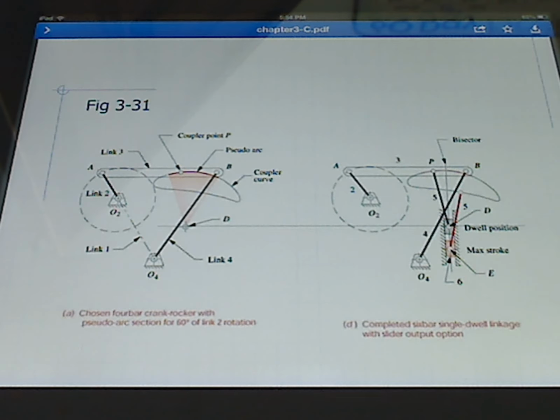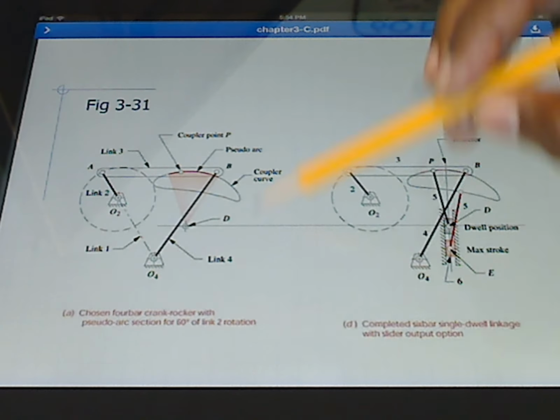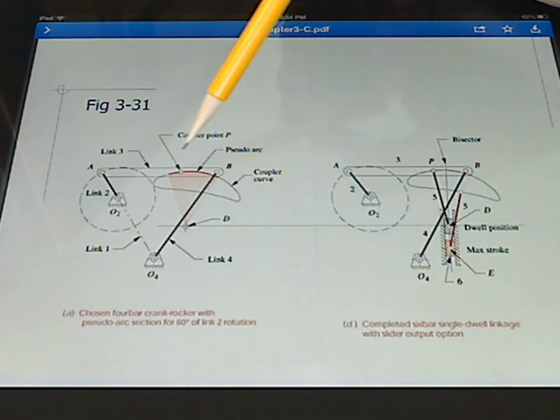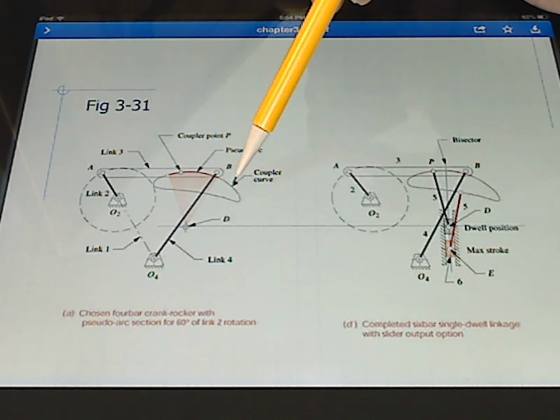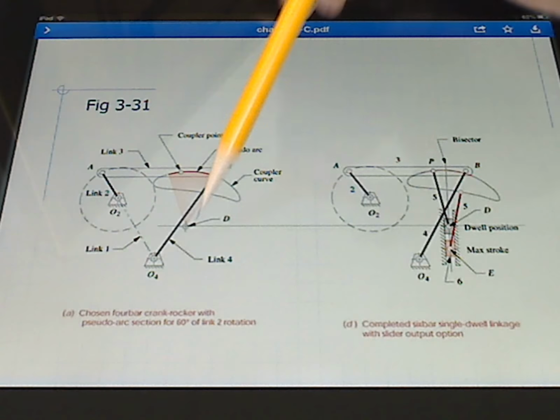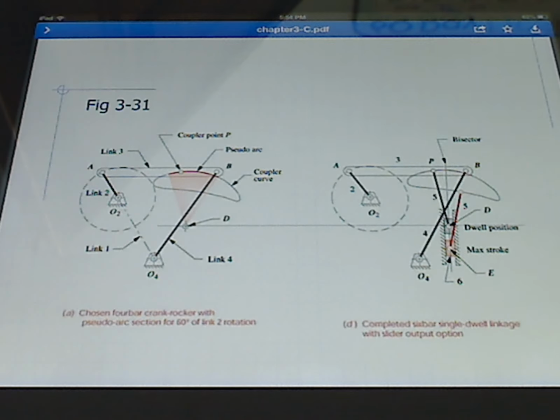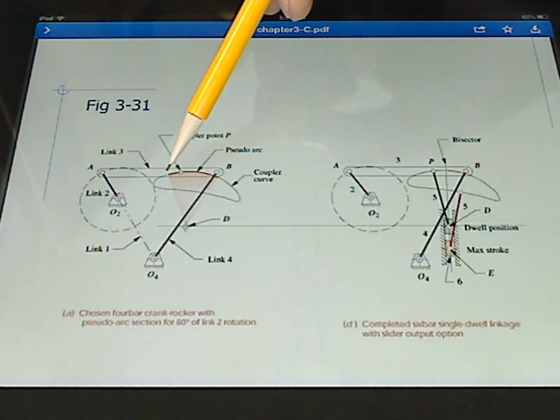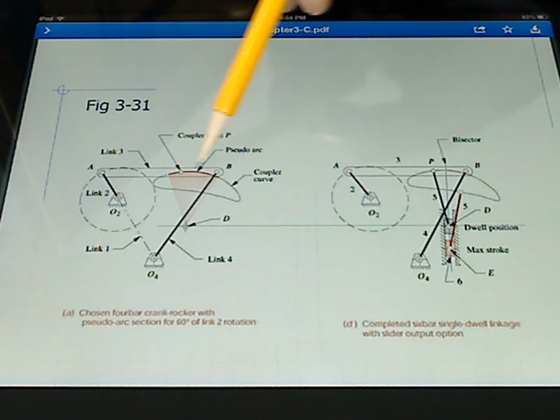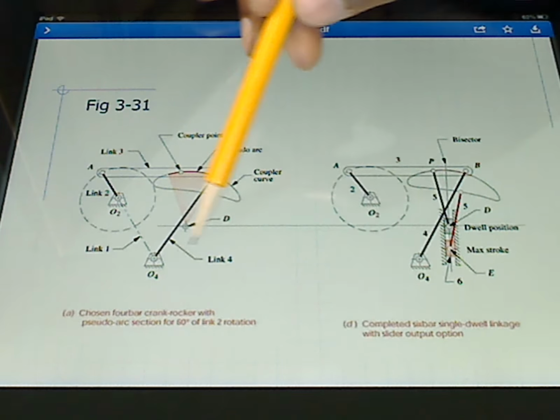Usually what happens is you're looking for a linkage that has a coupler curve where you can inscribe a circle. You can imagine turning to one of the tables in your textbook or online where there are symmetrical coupler curves, picking out one that you know has a nice broad curve where you could fit a circle.